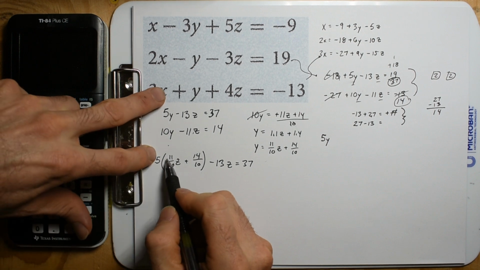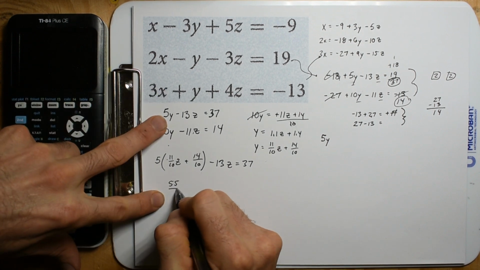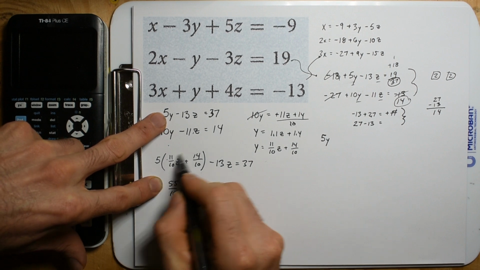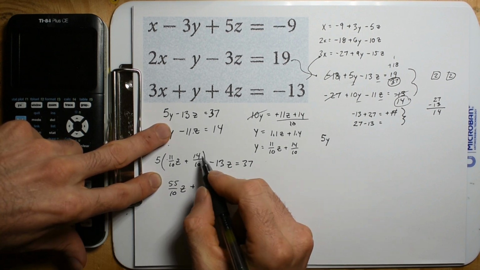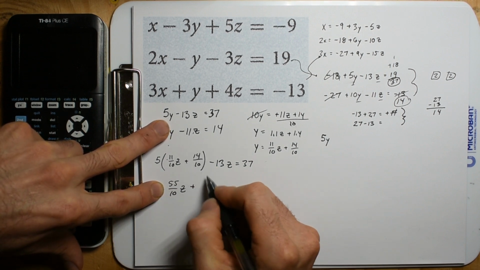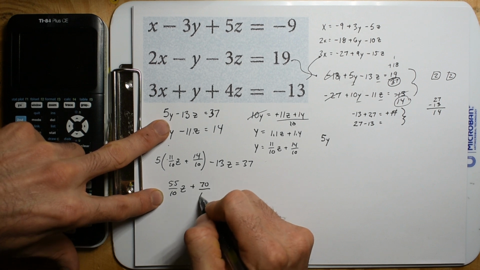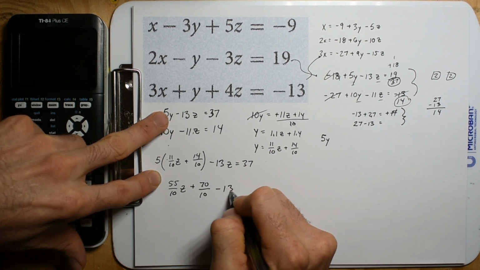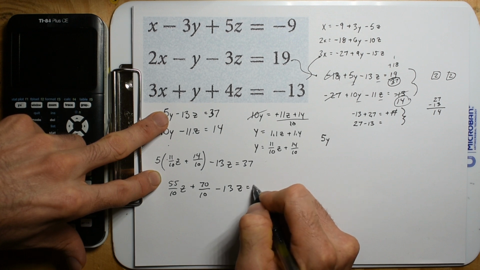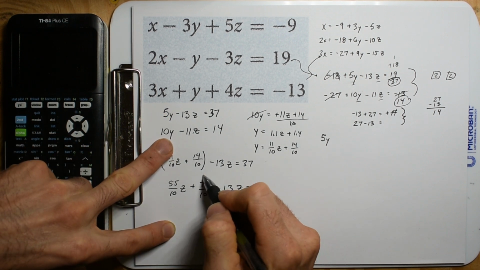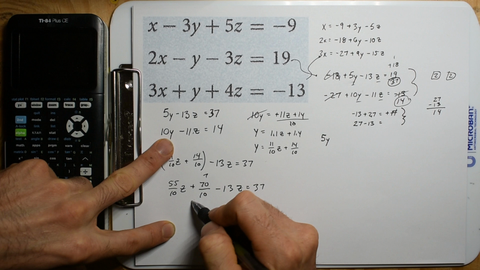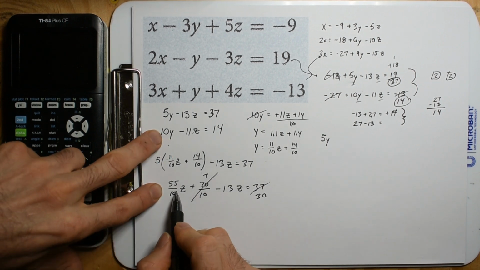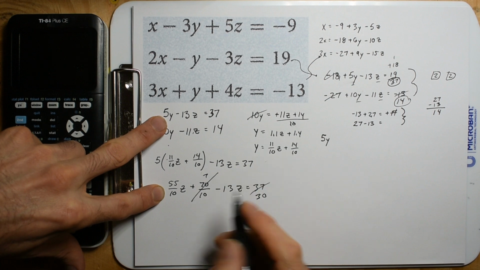So this is going to be 55 tenths z plus 14 times 5. I know what 7 times 10 is, that's 70, so that's plus 7. And then minus 13z is equal to 37. This is 7, and I'm going to subtract it from the other side. And this is 5.5. Oh yeah, so we're not bad.